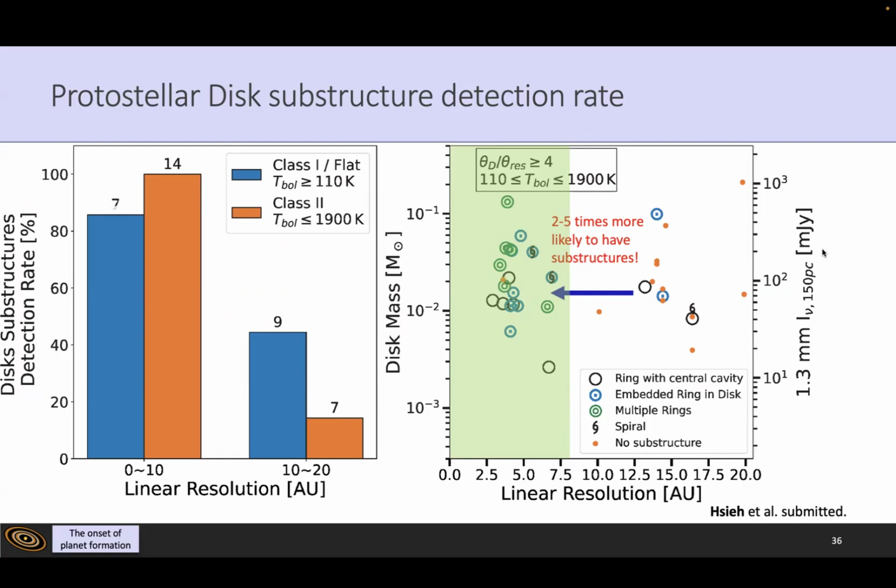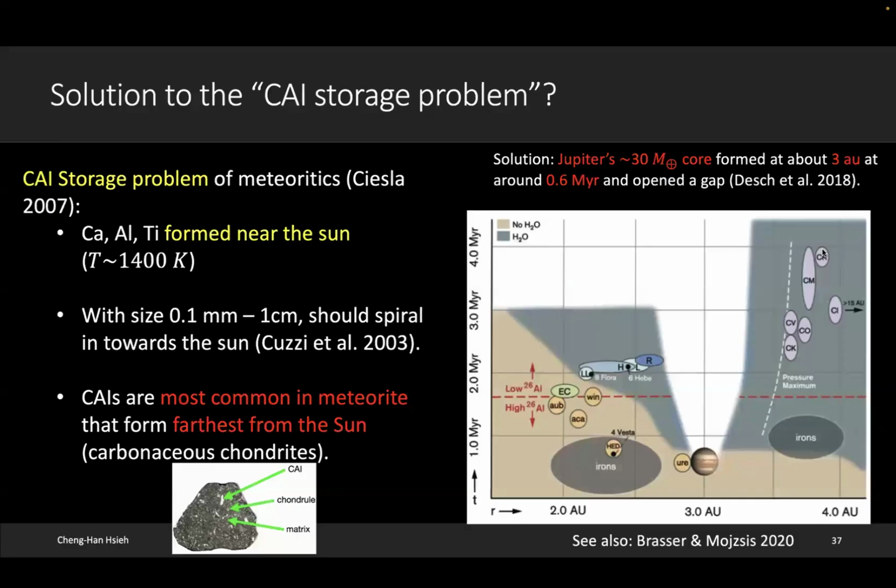So this means that most of the substructures develop very rapidly early on, between Class 0 and early Class 1. The finding of substructures developed very early on in early Class 1 has a lot of implications.